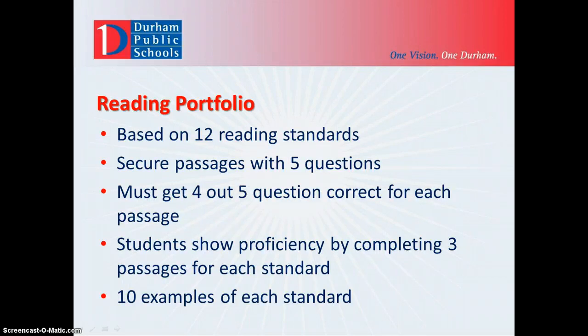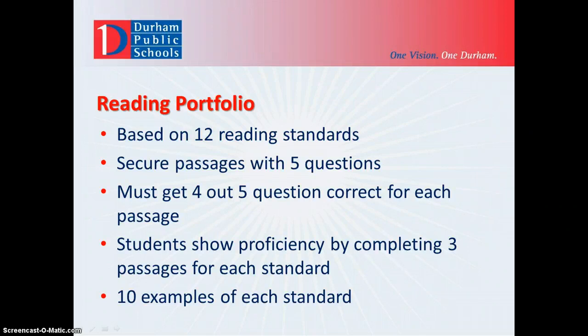The portfolio is based on the 12 standards of reading in the third grade. Students will be given a secured reading passage with 5 questions. A passage is typically a paragraph or 2 of reading. Students must answer 4 out of the 5 questions correctly to show proficiency for that passage.